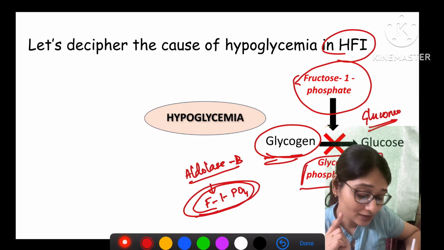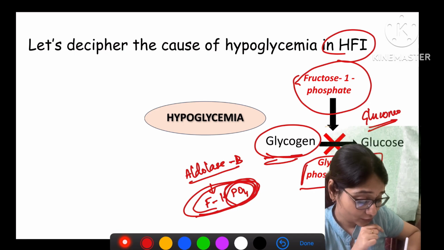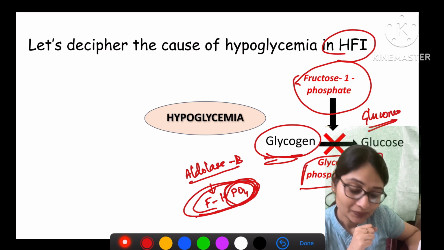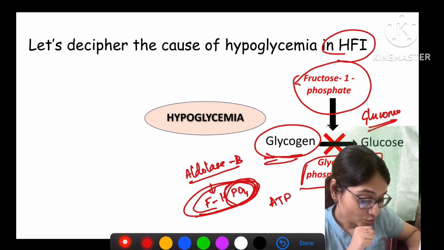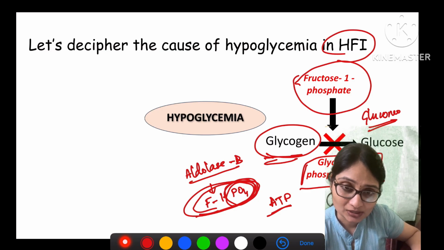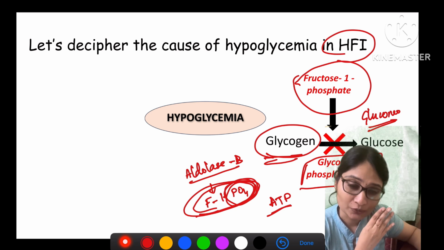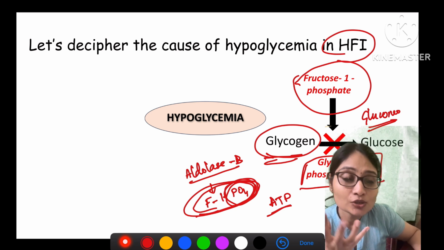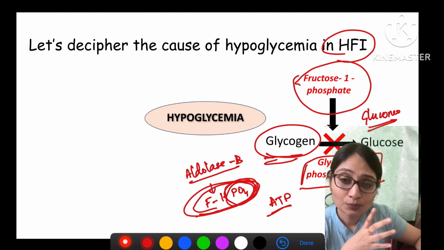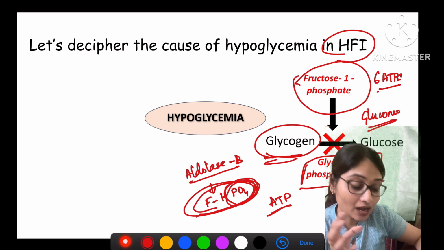Yeah, that is because of what is accumulating: fructose 1-phosphate. Phosphate is being sequestered in the form of fructose 1-phosphate. What is the energy currency of a cell? It is ATP. Gluconeogenesis is the production of glucose from non-carbohydrate substances, similar to an anabolic pathway, so it requires energy in the form of ATP. For one molecule of glucose to be produced, 6 ATPs are consumed.